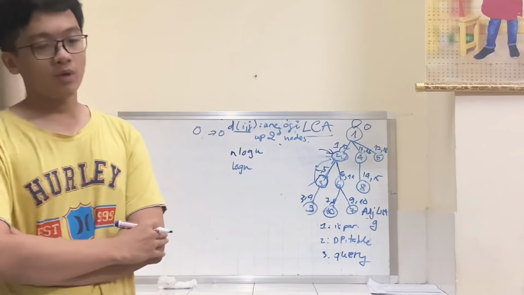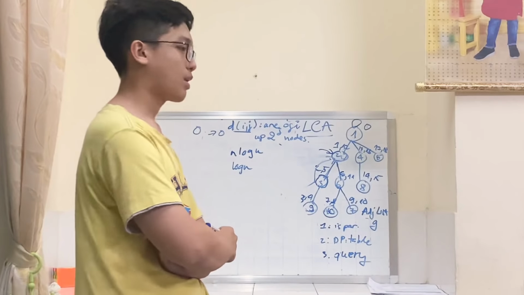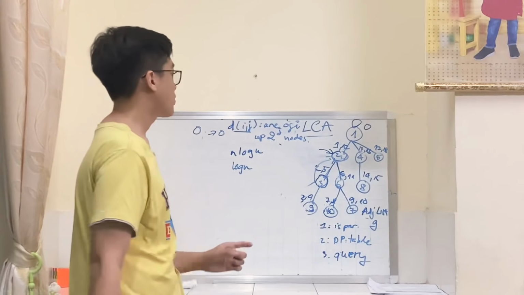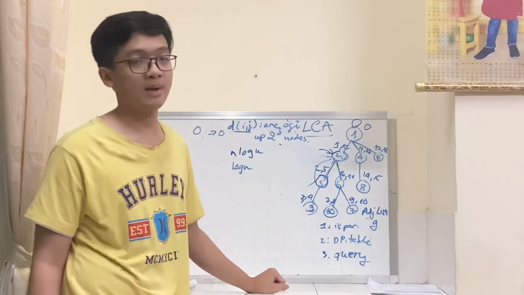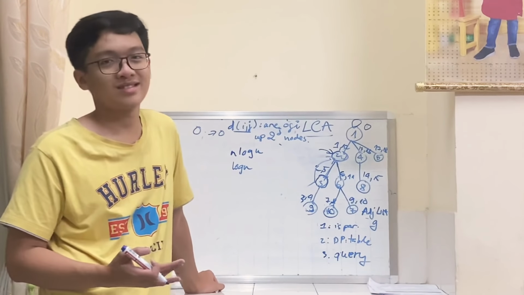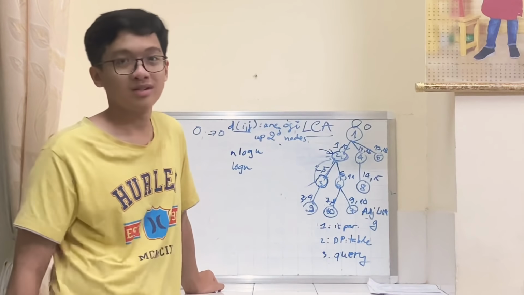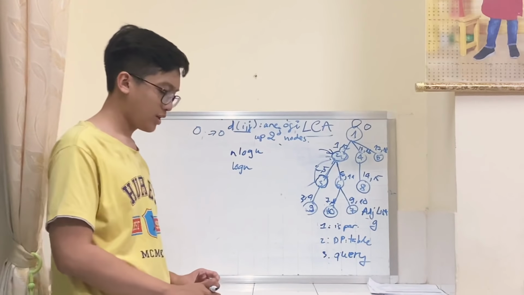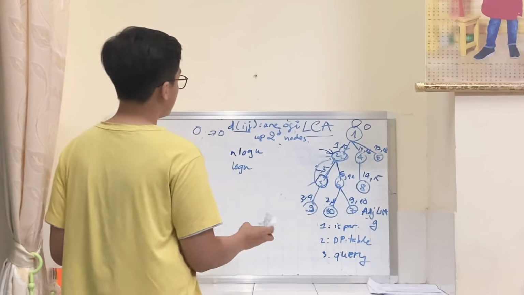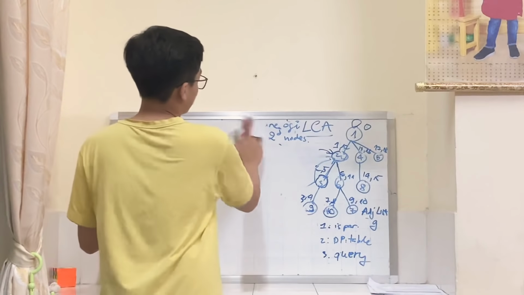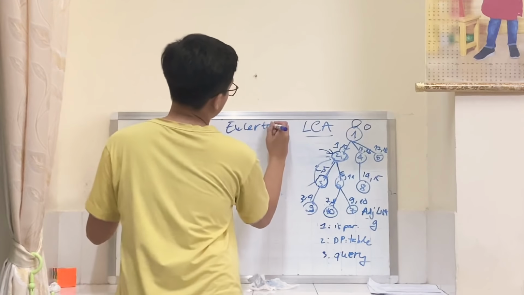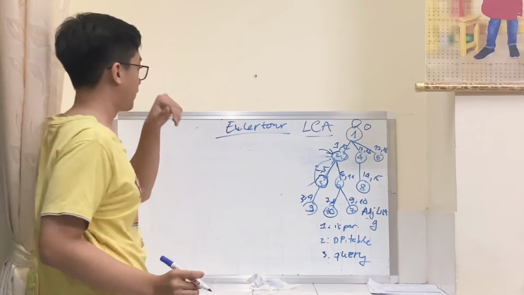There are multiple ways to tackle this LCA problem, and the most common way is using this one, binary lifting. And the second most common one is using the Euler Tour. I'll describe generally about the Euler Tour. So what is the Euler Tour?